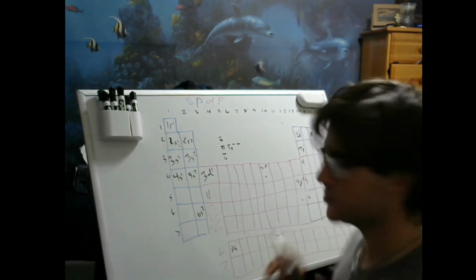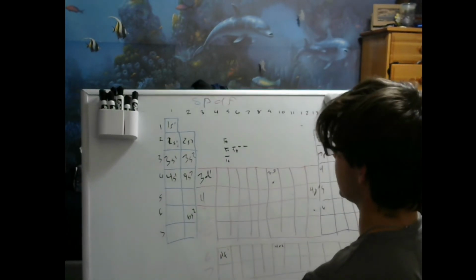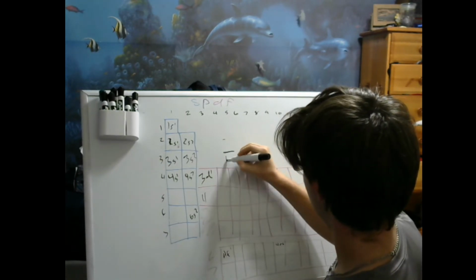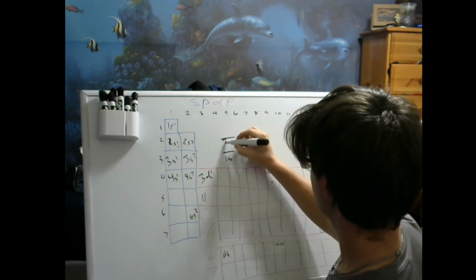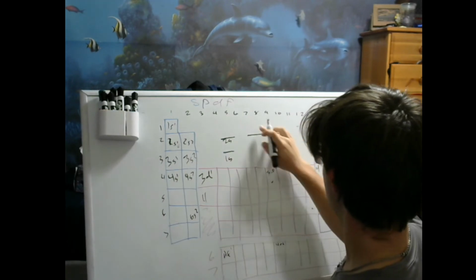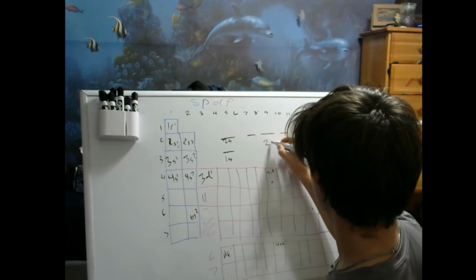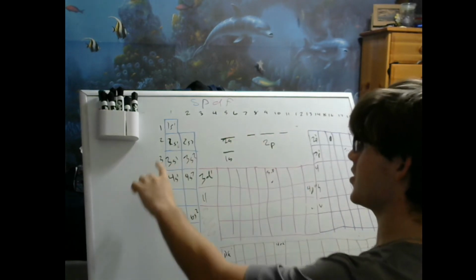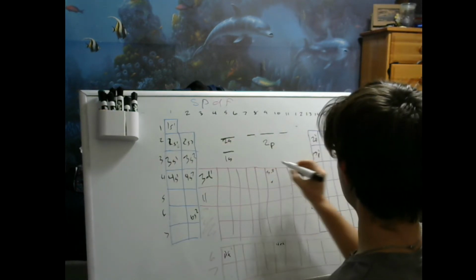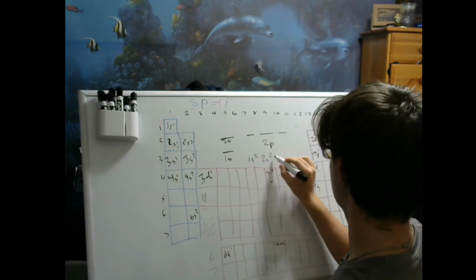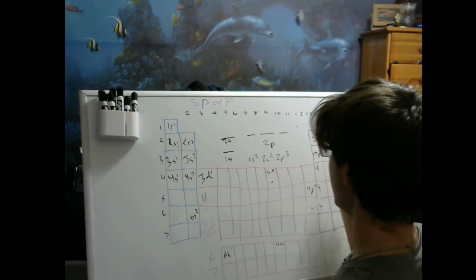So how you would do this one, I can write this bigger since it's a small dude. So we know that his electron configuration is 1s2, 2s2, 2p3, right?